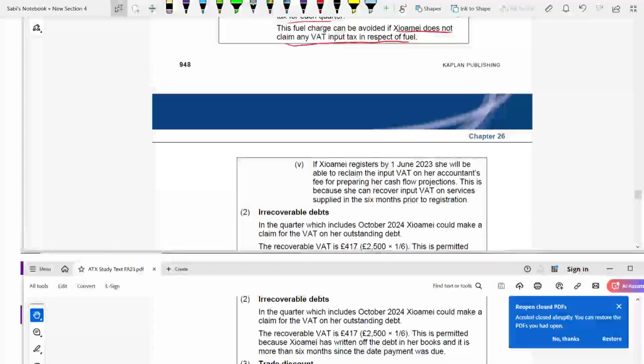What about that? So here she registers by 1st June 2023. Because she registers by this, she will be able to reclaim the input VAT on her accountant's fee. Therefore, she can recover the input VAT on services supplied in the 6 months before registration.